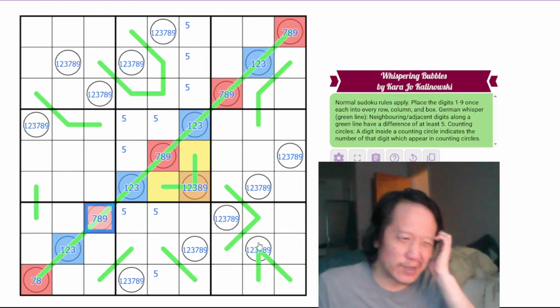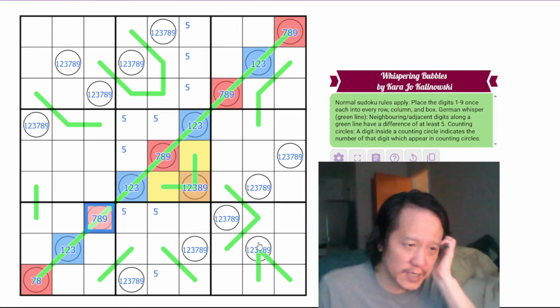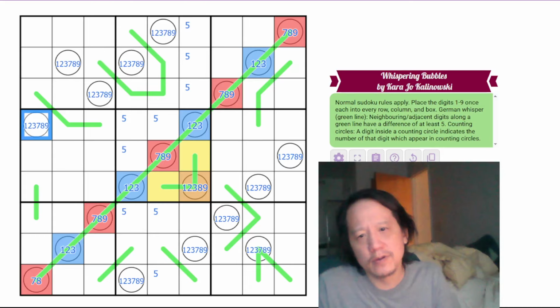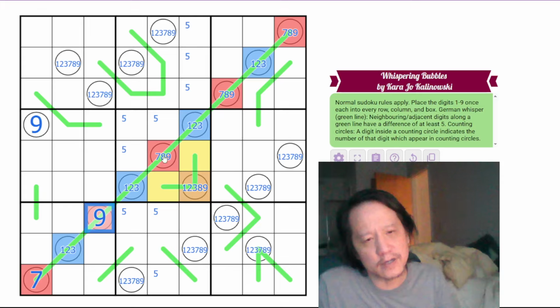Or maybe you should try 1, 2, 3, 7, 9. Maybe. So that's 9, which forces this to be 7. This is 9. This is next to 2 and 3, so this is 9. This must be a 2 to be next to 7 or 9.